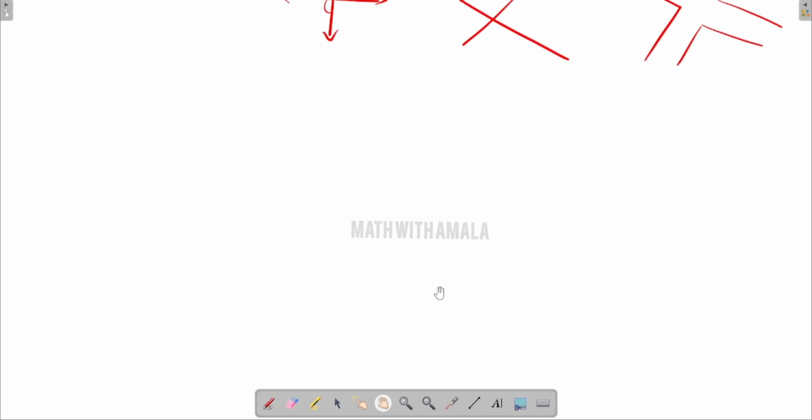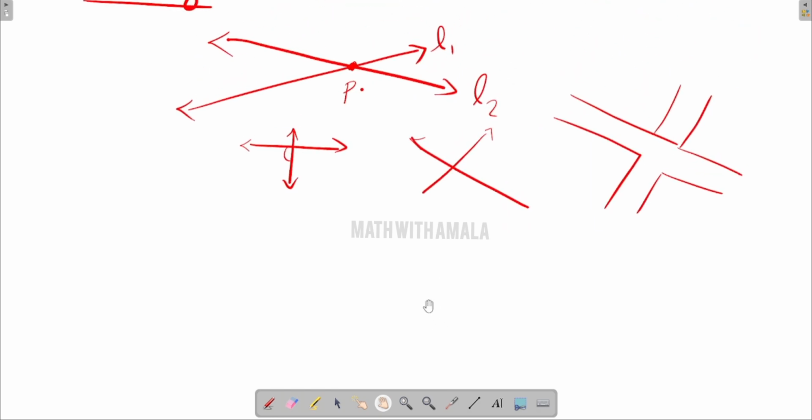There's a question: can two lines intersect in more than one point? Is that possible? No. Can more than two lines intersect in one point? That's possible, because we can draw one, two, three or many lines through a single point.